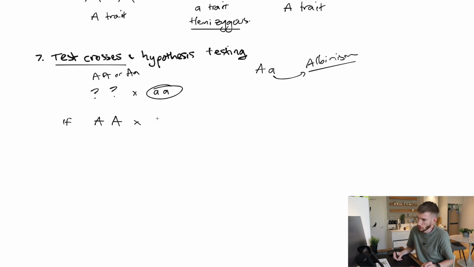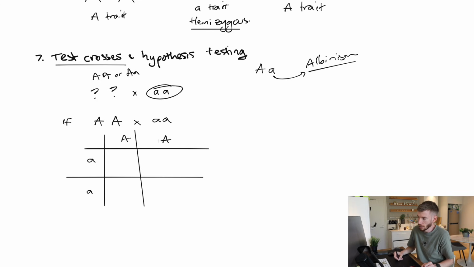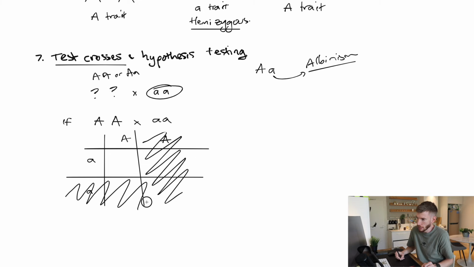If they were this individual, and we do our Punnett square, you can see that each individual can only produce one type of sperm or egg. So this is a double up, and this is a double up here, and we can just look at this combo. Everything should just be carrier individuals.